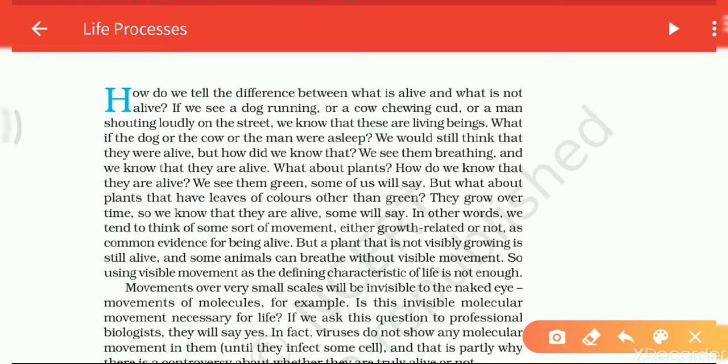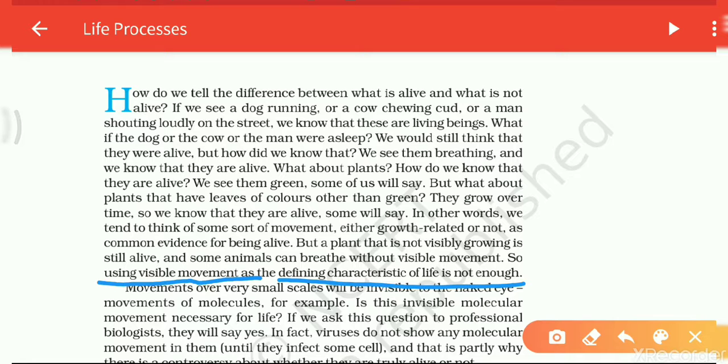I already explained this line: only visible movement is not the defining characteristic of life. We can say that this organism is alive if it shows each and everything, like movement, reproduction, respiration, transport and all these other things. Then on the basis of this we can say that this organism is alive.